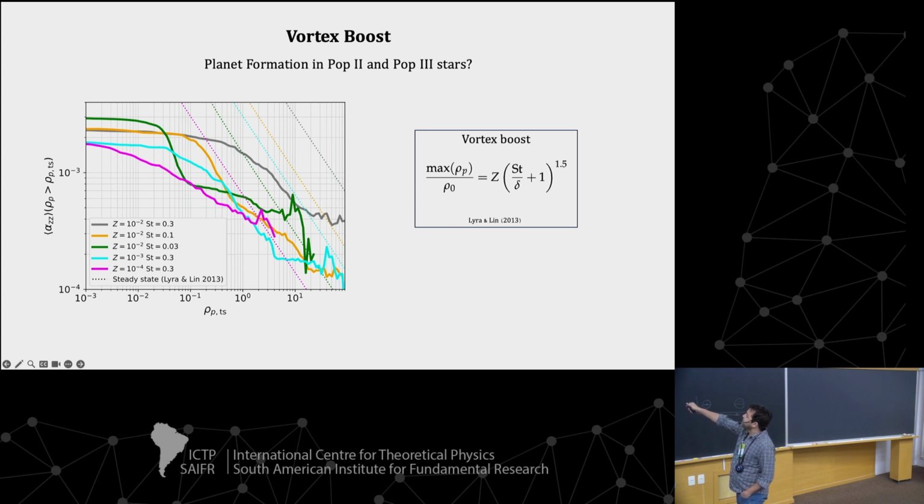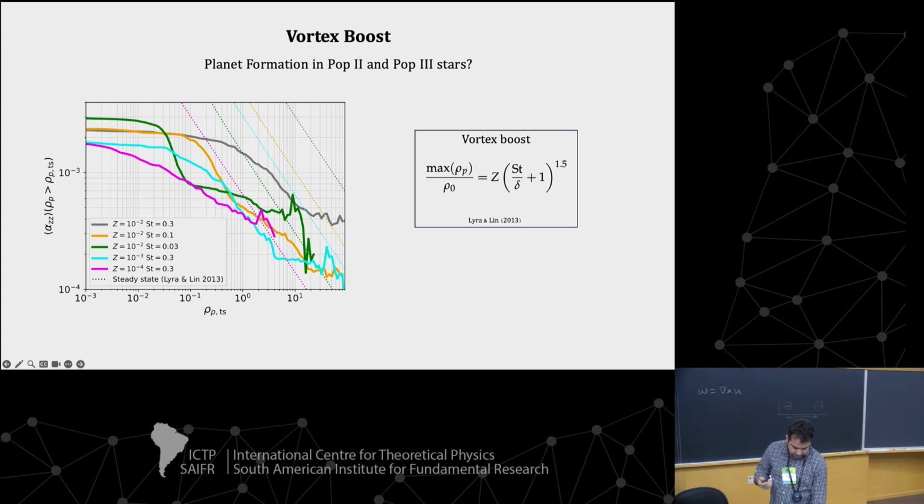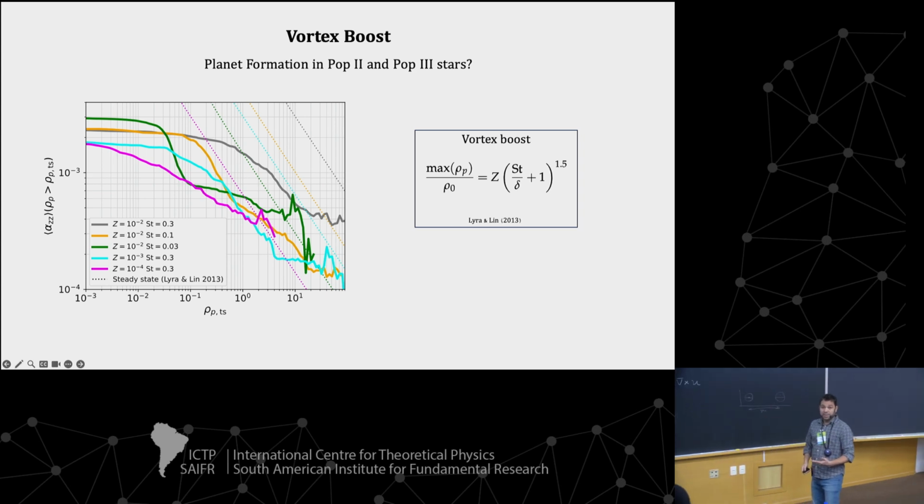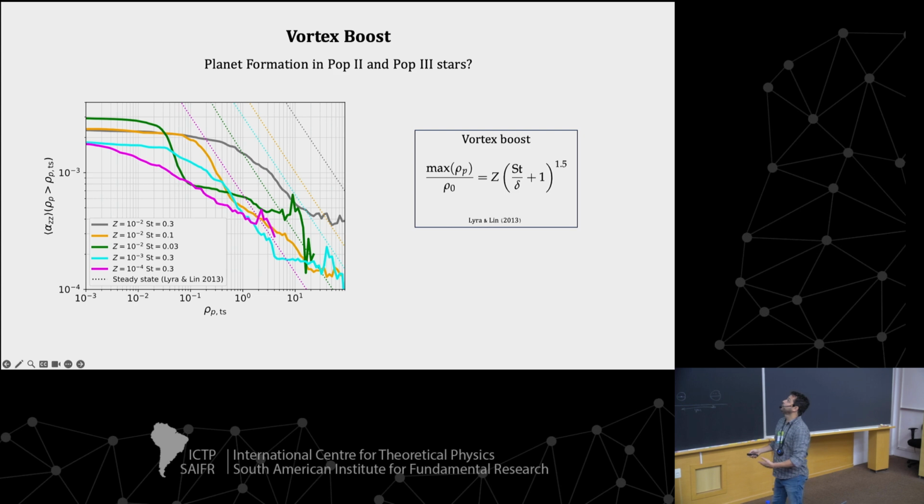And as you see here, the maximum density in both cases is consistent with the prediction from this equation. So we can use this boost to predict, even in a low metallicity gas, if the conditions for planetesimal formation would be present. Maybe this is something we can use to predict if planet formation will happen in POP2 and POP3 stars.